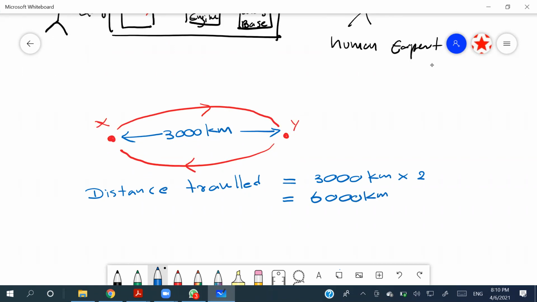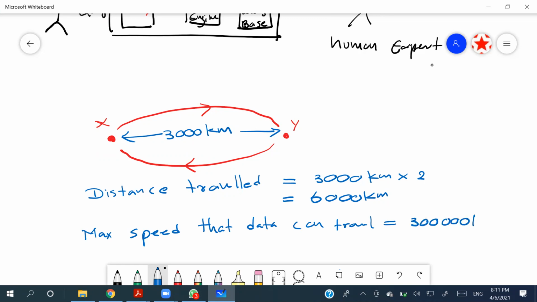So the maximum speed that data can travel is 300,000 kilometers per second, right?